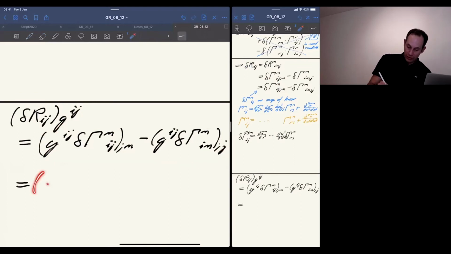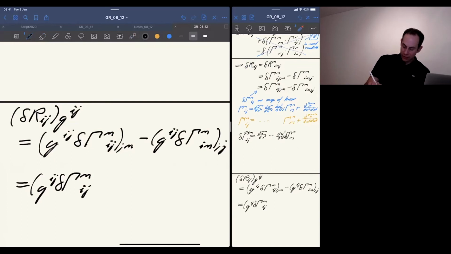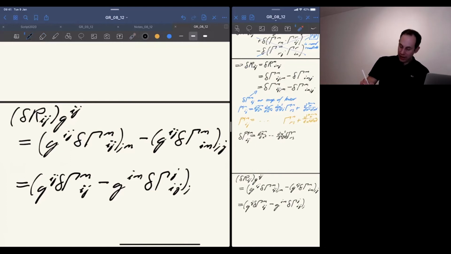Let's copy the first term. And then for the second term, I relabel the index j with an n. Of course, I can do that because there's a summation over n. But there was also an n appearing here, so I'm essentially exchanging n and j in the notation. Because both are summation indices, I'm perfectly allowed to do that. And then the expression looks like this.